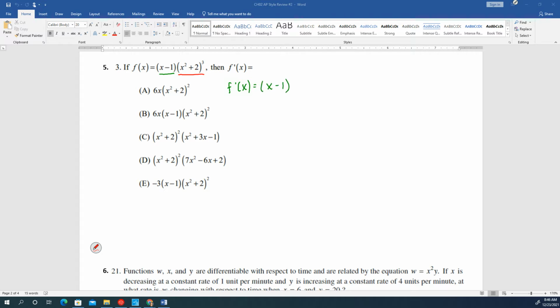First, times the derivative of the second, which would be power rule: 3 x squared plus 2, drop 1 from the power, 2, times the derivative of the inside, 2x. Plus second times the derivative of the first, which is just 1.